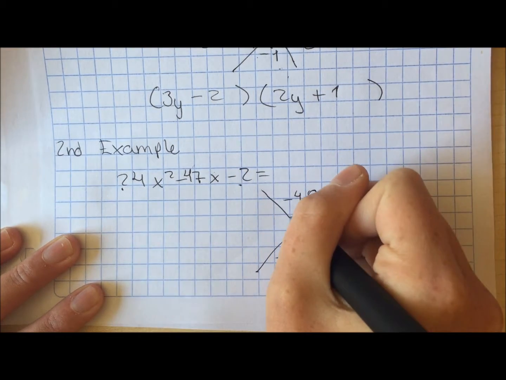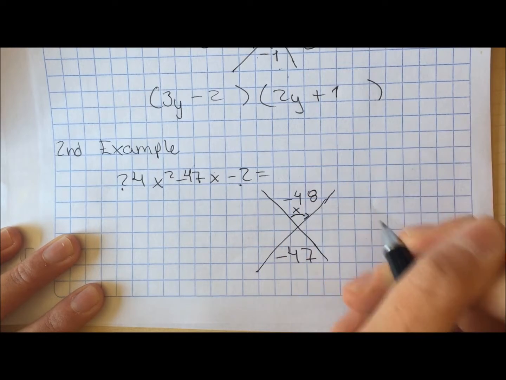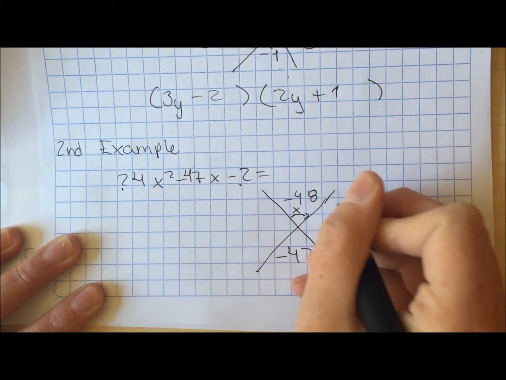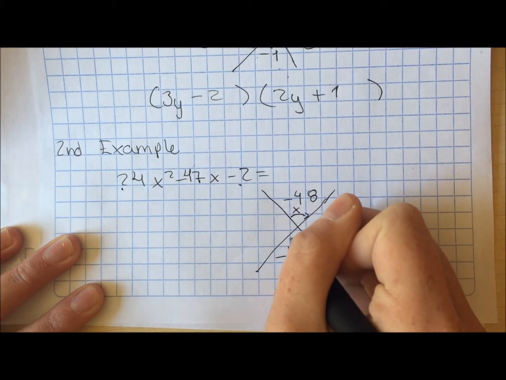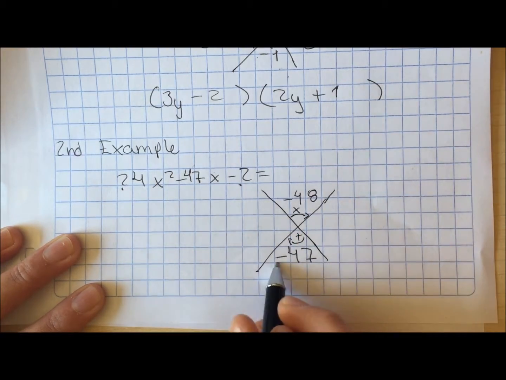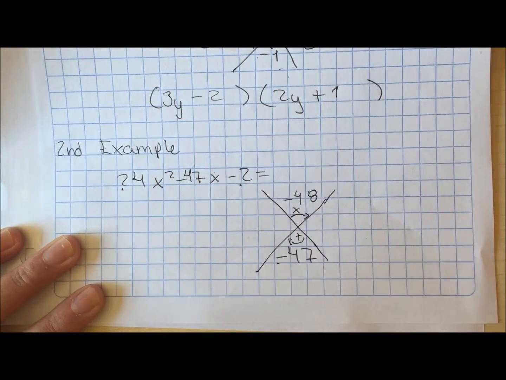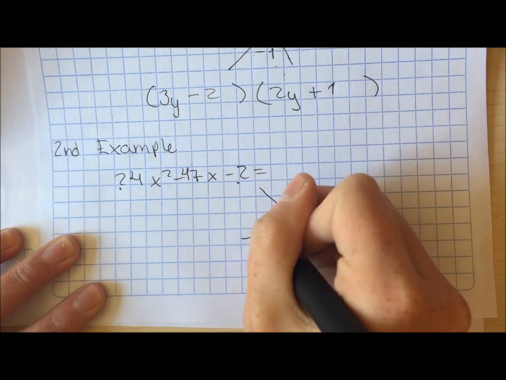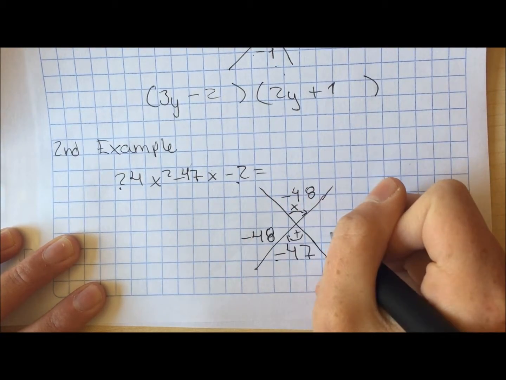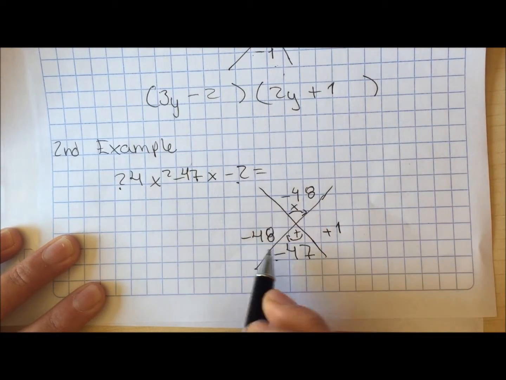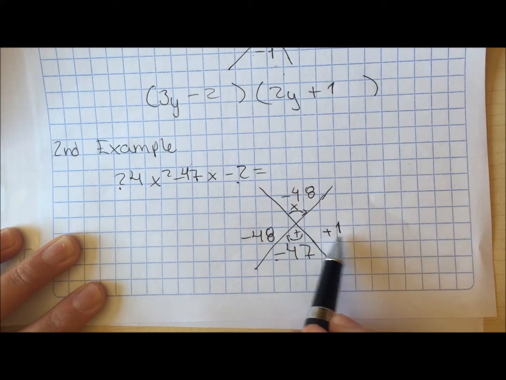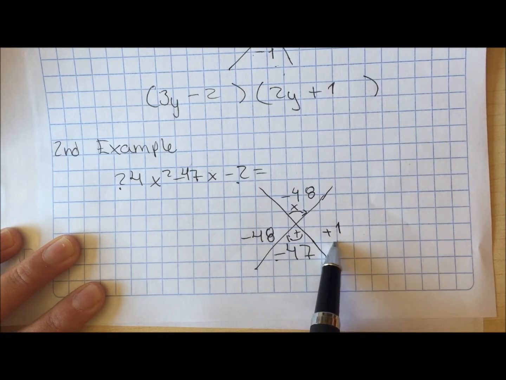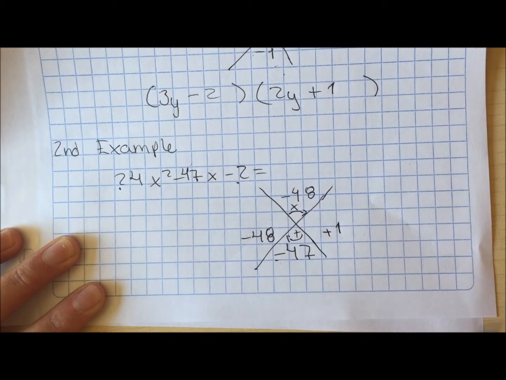We need two numbers that multiply to give us minus 48 and sum to give us minus 47. This is a bit easier: minus 48 and plus 1. Minus 48 times 1 is minus 48. Minus 48 plus 1 is minus 47.